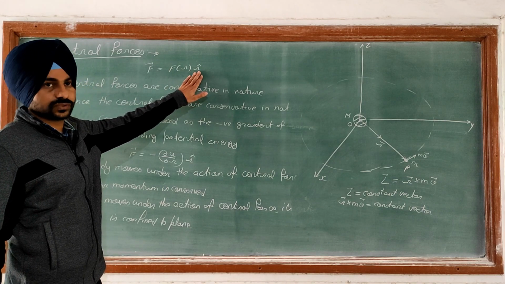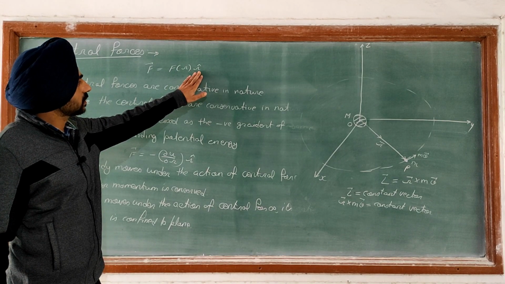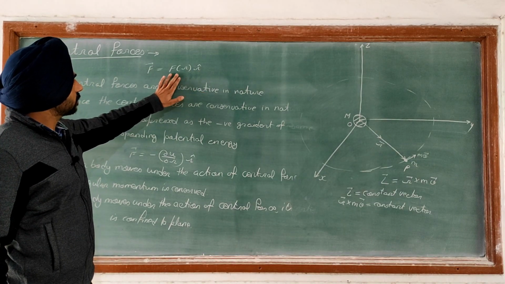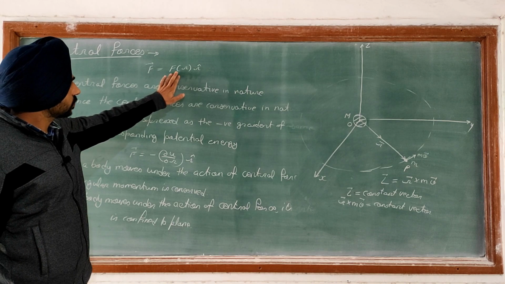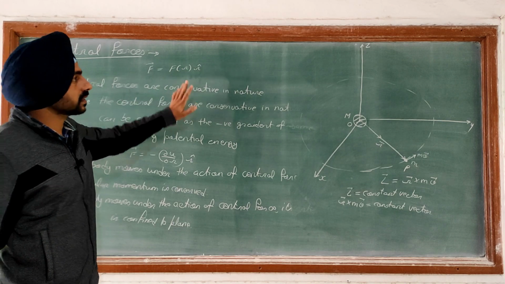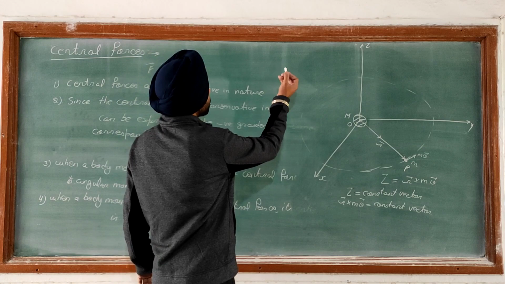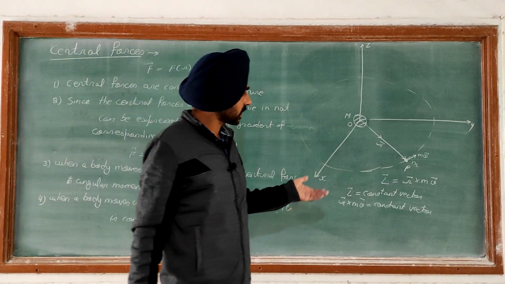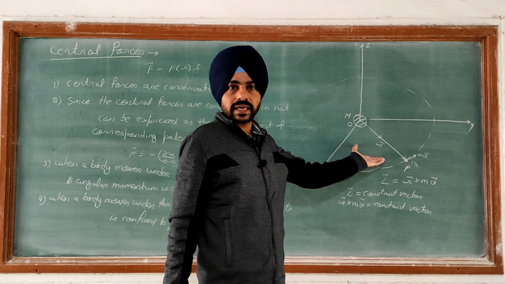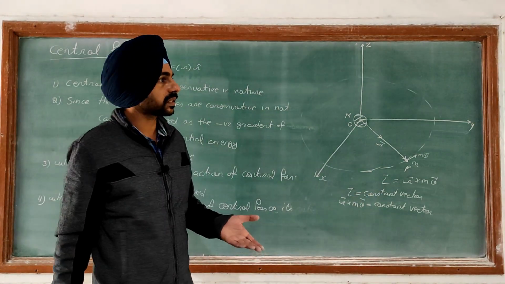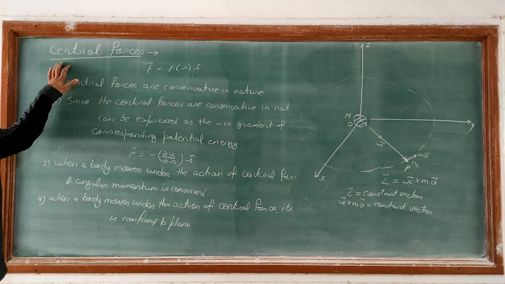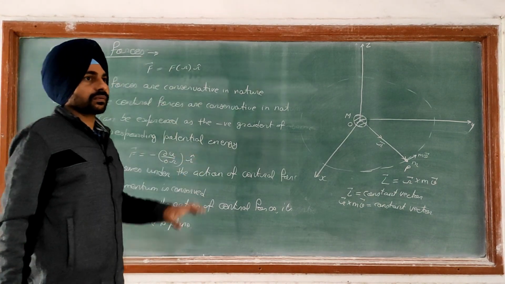R cap is the unit vector along the line joining the two particles, and F is the force. Since the force is a function of r only, the gravitational force between two masses, small m and capital M as in this case, or the electrostatic force between two stationary charges, are two examples of central forces. So this is all about the central force.